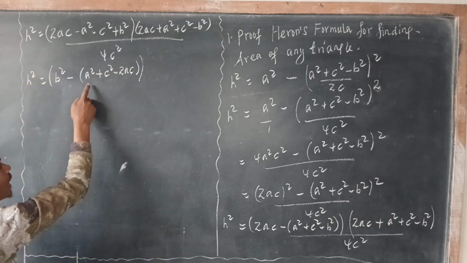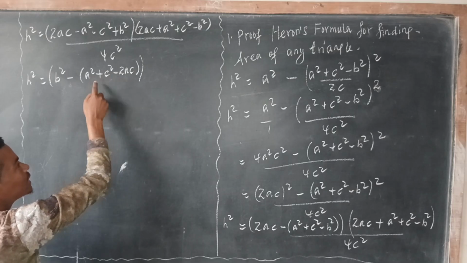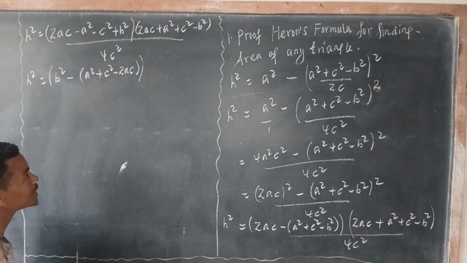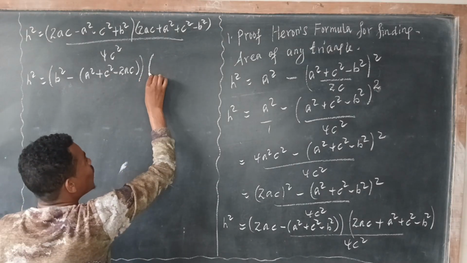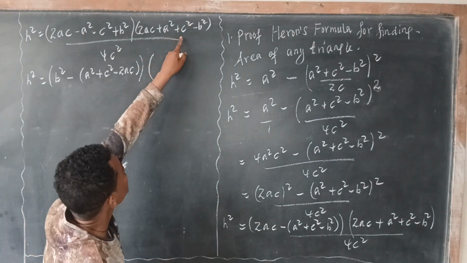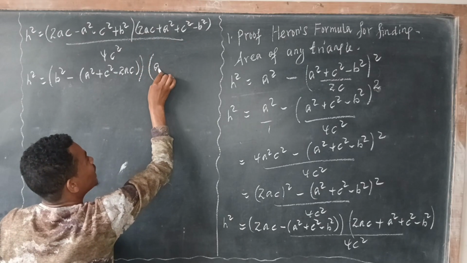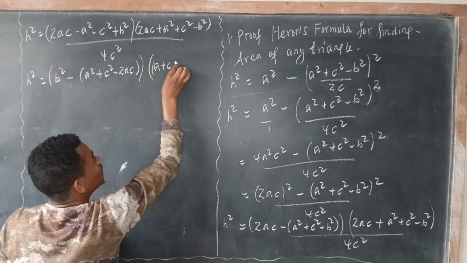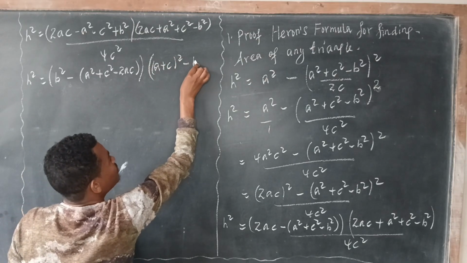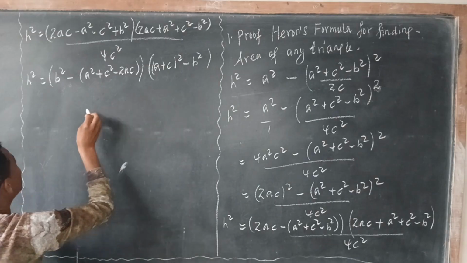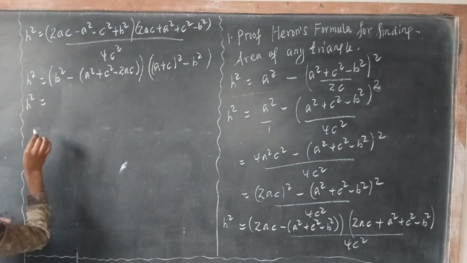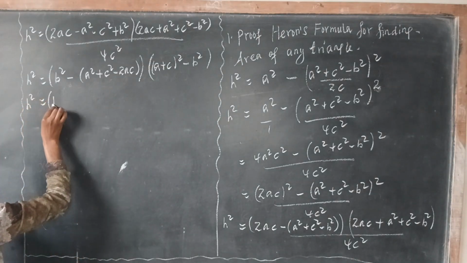Why? Because a square plus c square minus 2ac is a minus c the whole square, and from this one a square plus c square plus 2ac is a plus c the whole square, minus b square.